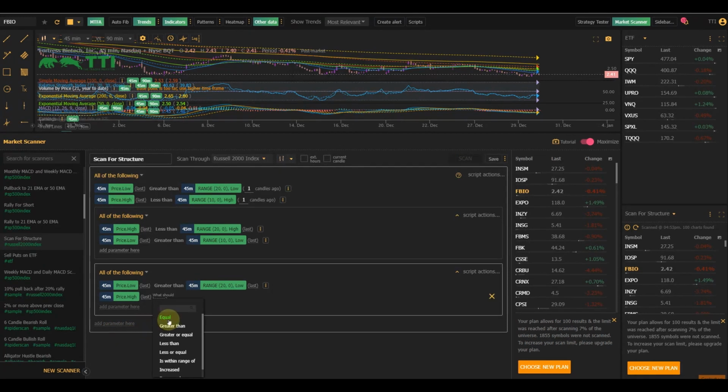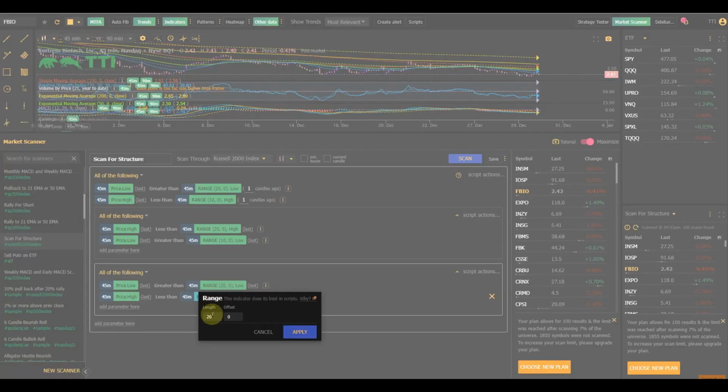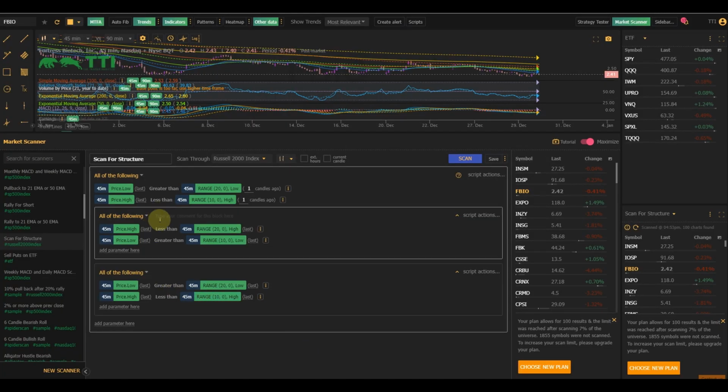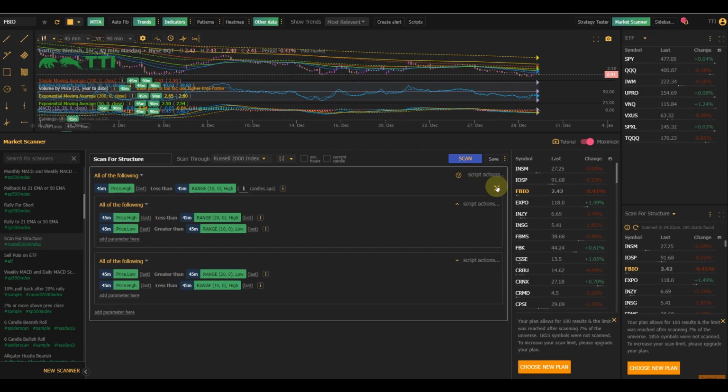A little bit tedious work, but at the end of the day, it's worth it. Indicator, because it finds you all the things that you need. 10, apply. Now that I have these two groups, I can remove this one.